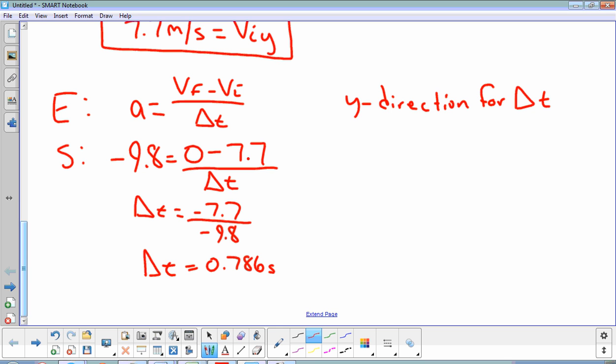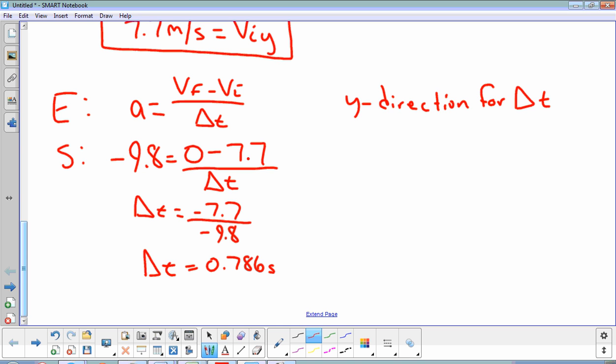Now, this is delta T only going to where we got the max height. That's how we got to use that 0, right? So what I need to do is then double this time, right?